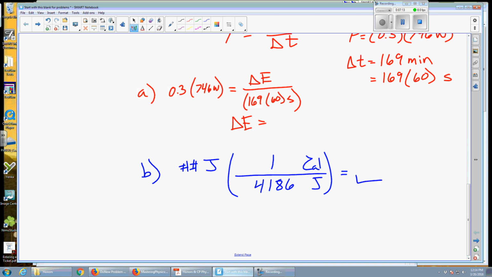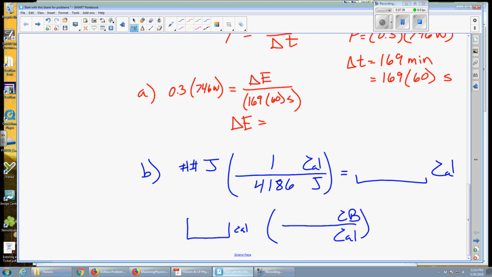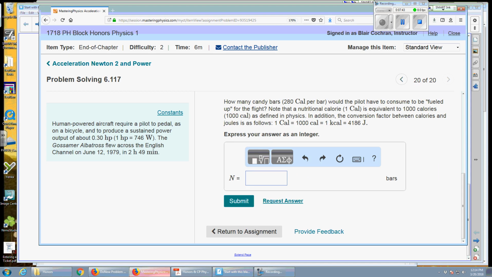That gives me a value in calories, and then I can figure out from there how many candy bars I have to eat, right? By taking that answer, multiplying it by the number 1 candy bar per 280 calories.